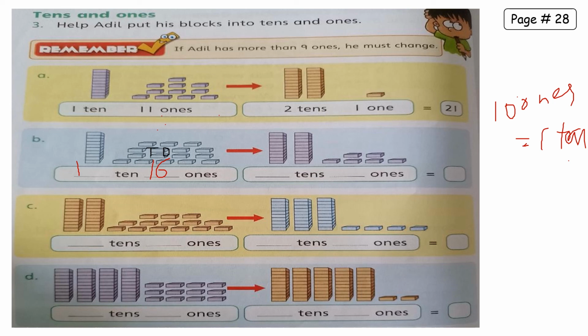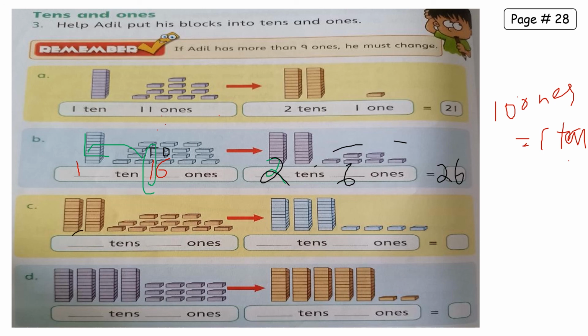So we will shift this ten here. So 1 plus 1 is 2. So here we have 2 tens and how many ones? 6 ones. So it has become 26.